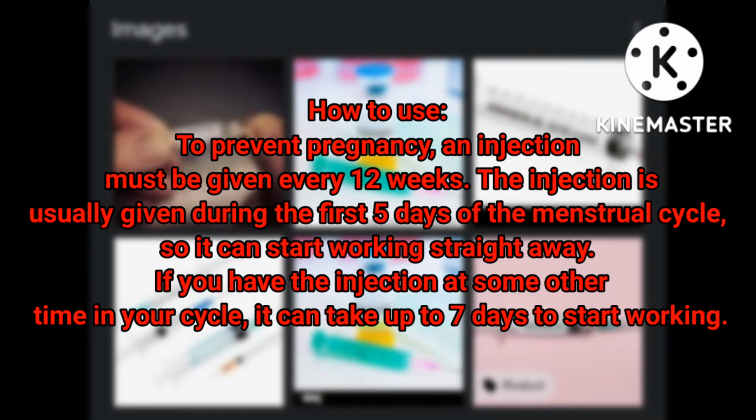How to use? To prevent pregnancy, an injection must be given every 12 weeks. The injection is usually given during the first 5 days of the menstrual cycle, so it can start working straight away. If you have the injection at some other time in your cycle, it can take up to 7 days to start working.